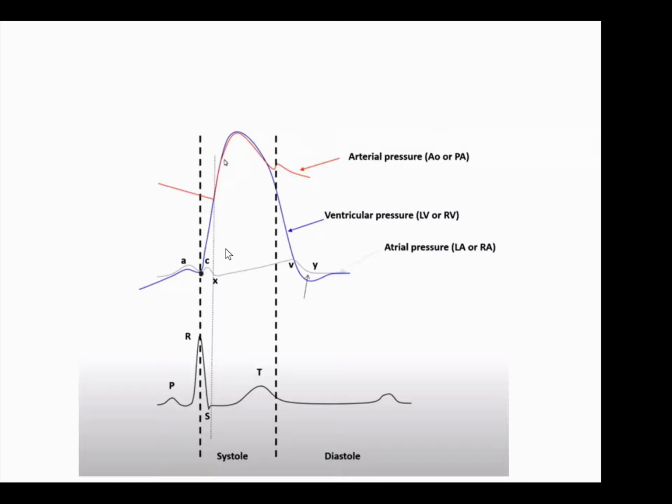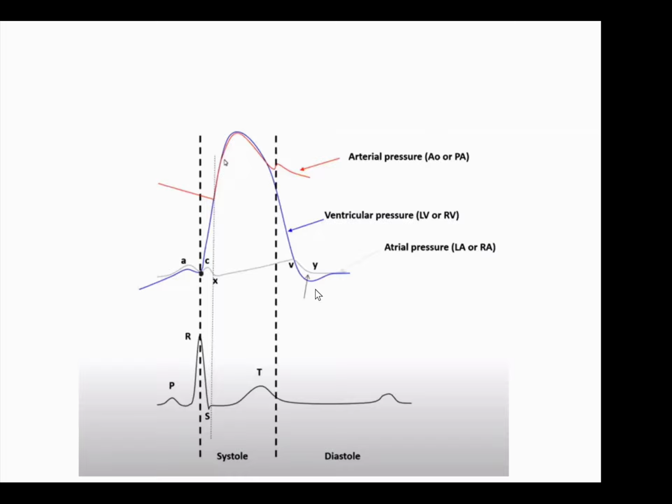In the atrial pressure trace or the pulmonary capillary wedge pressure tracing, the positive waves are occurring either before the R wave or just after the T wave.